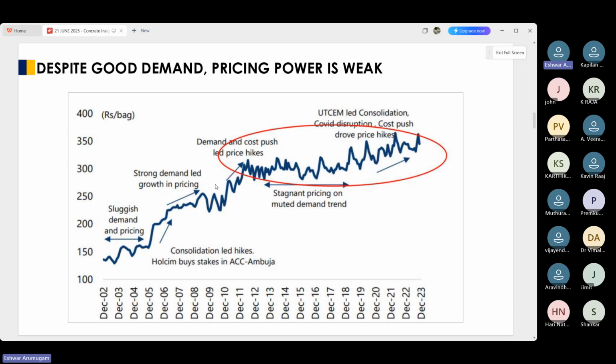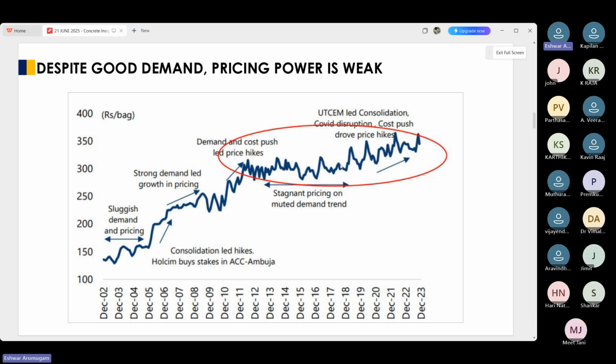Post that in FY16-17, the demand environment was a little bit tepid because of various factors like demonetization and implementation of GST. In FY18, there was the Real Estate Regulation Act, RERA. Although it is a very good regulation, there was a lot of uncertainty surrounding it initially. So the demand remained muted.